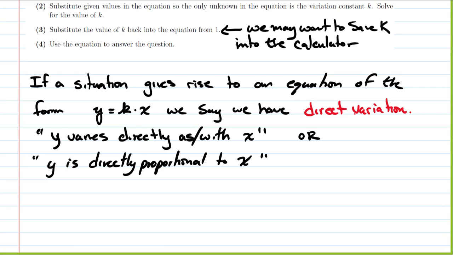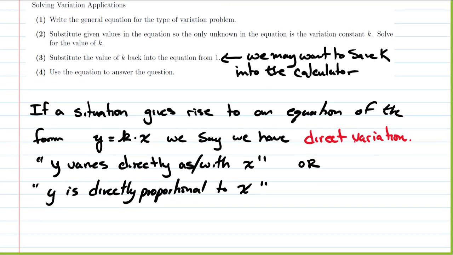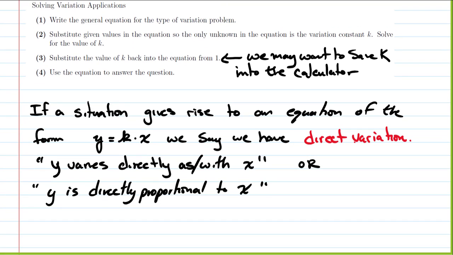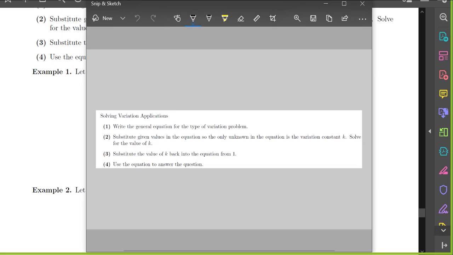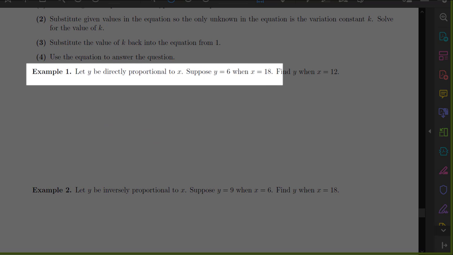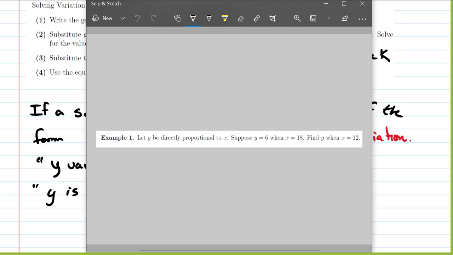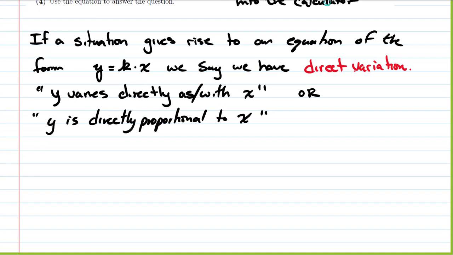If we see any of these phrases or any variations of the semantics of that, we know that our model is going to be y equals kx. So this is what we're talking about in step 1. When we're reading these problems, we need to identify which type of variation, and then we're going to select the appropriate equation. Right now, we only know one equation. So let's go ahead and take a look at example 1 and run through the process.